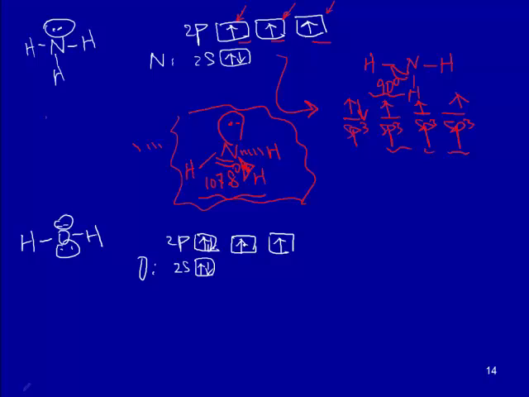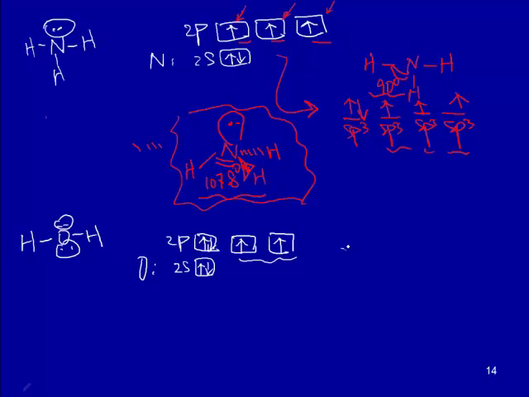So they have two 2p orbitals that are really to be bonded with the other surrounding atoms. In this case, you can see they do have two. They can directly overlap with the hydrogen 1s orbitals.